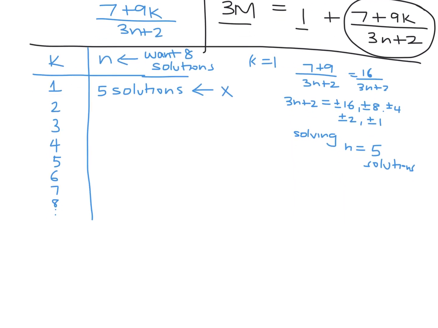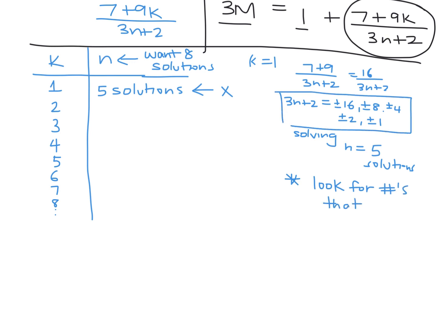I just want to point out that there's a quick way of solving for these. Look for numbers that are 2 more than a multiple of 3. So that's what this is, right? It's 2 more than a multiple of 3.